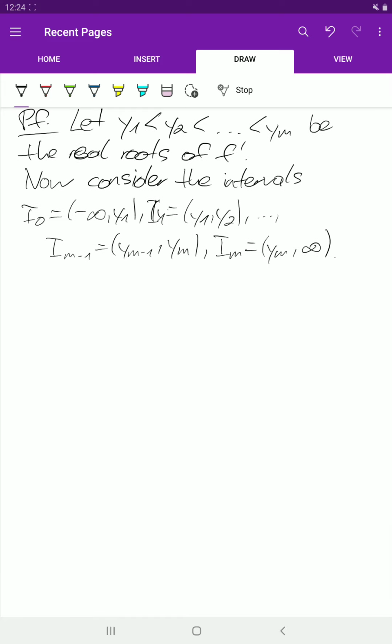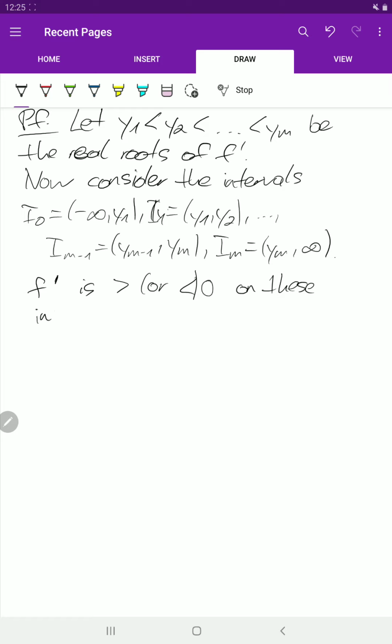Okay, so now f prime is greater or less than 0 on these intervals.